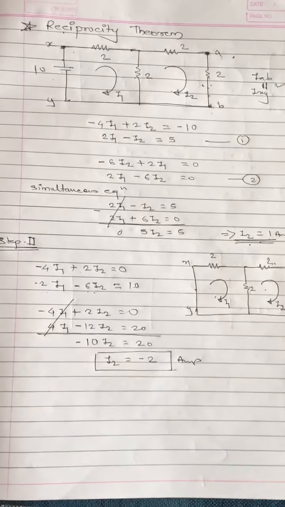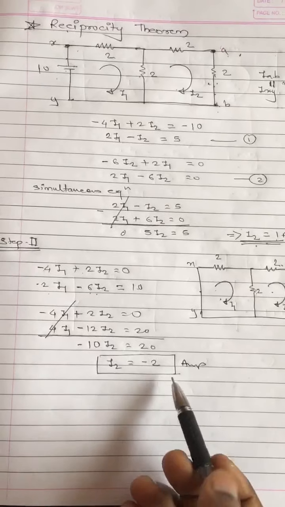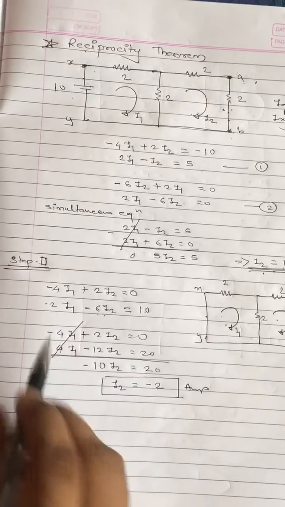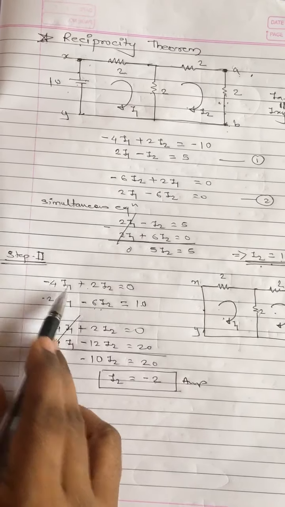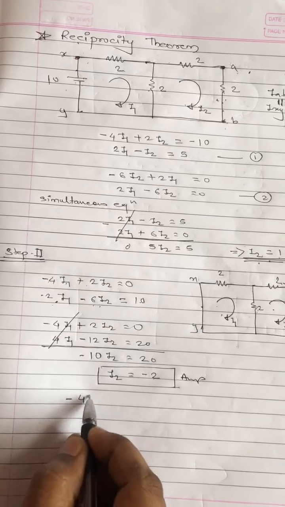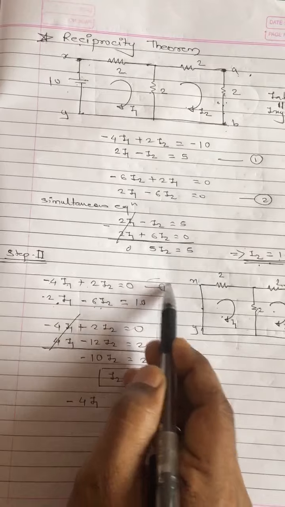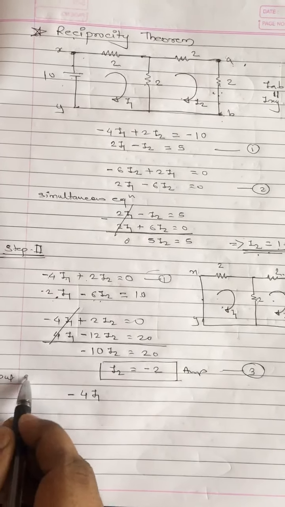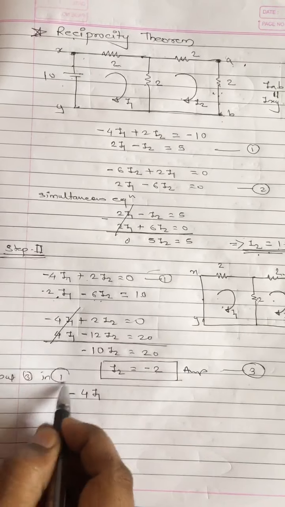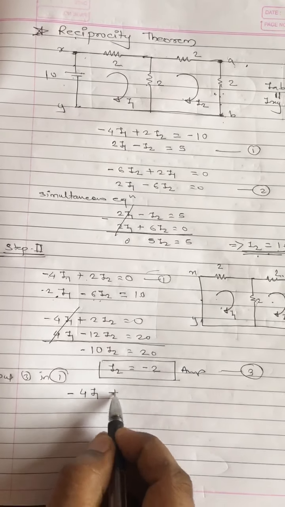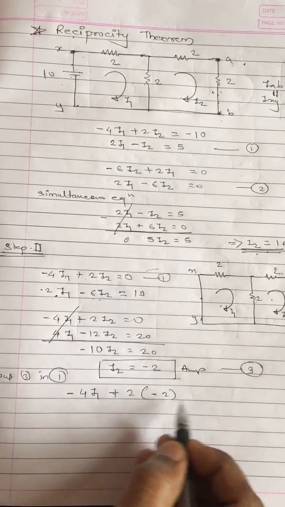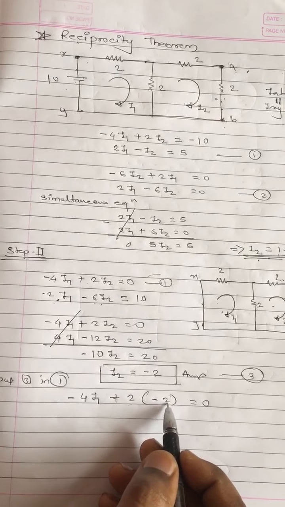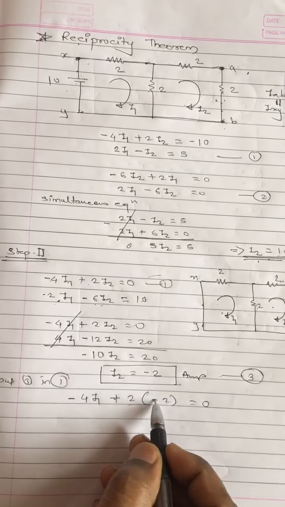I2 is minus 2, but we are interested in I1, so let's put this value in either of the equations above. If I put it in this equation, minus 4 I1 plus 2 multiplied by 2 equal to 0. 2 times 2 is 4, and minus 4 I1 due to this sign.